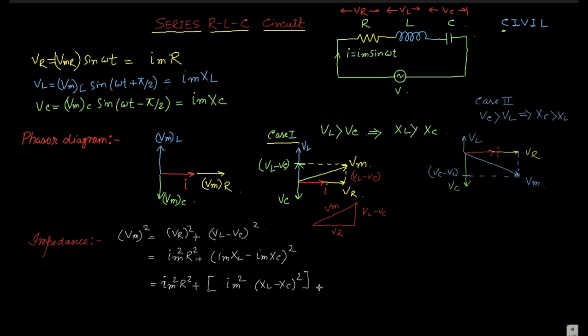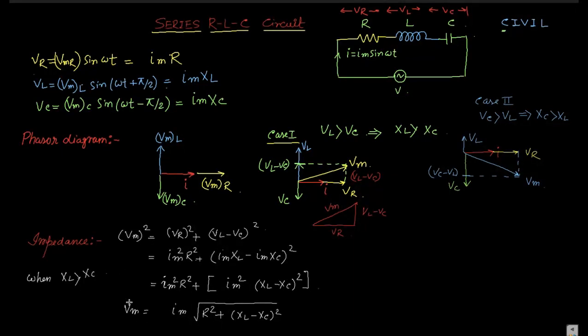So what is the Vm? Vm becomes, not Im square, it is Im into root under R square plus XL minus XC square, when XL is greater than XC.